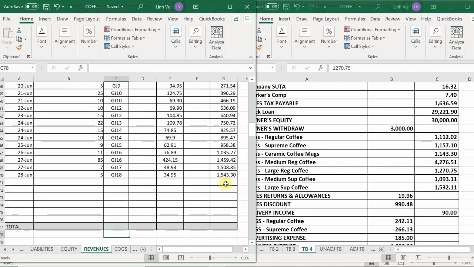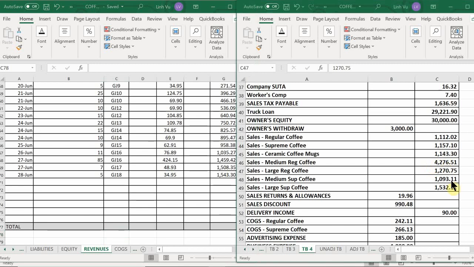Okay, so in this case, yes, it's 1543.30. Okay.